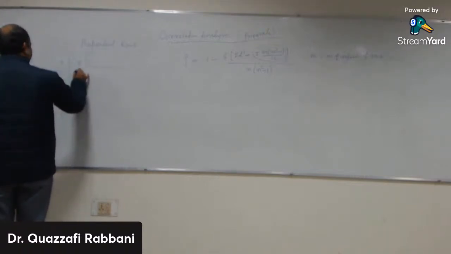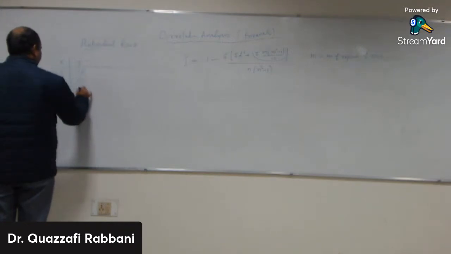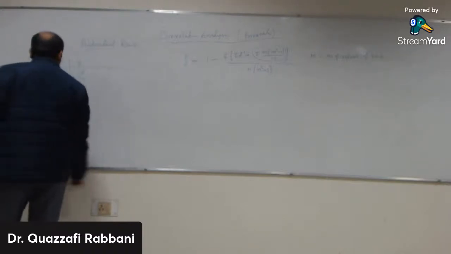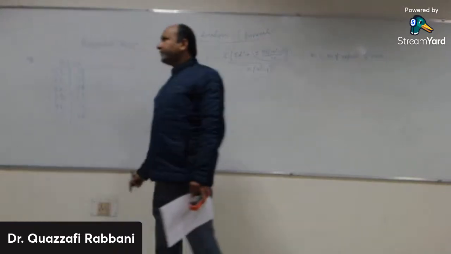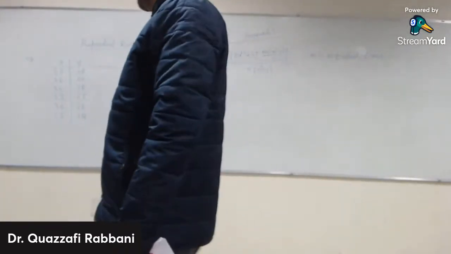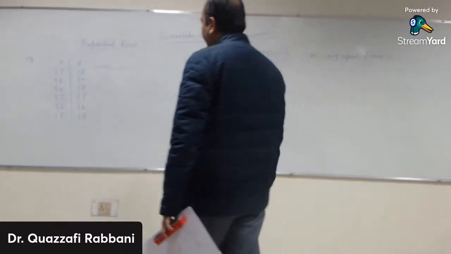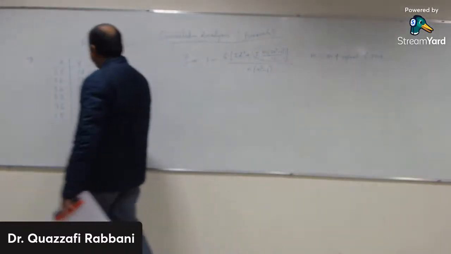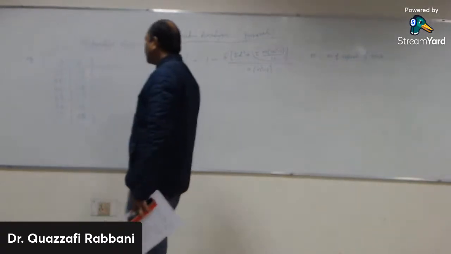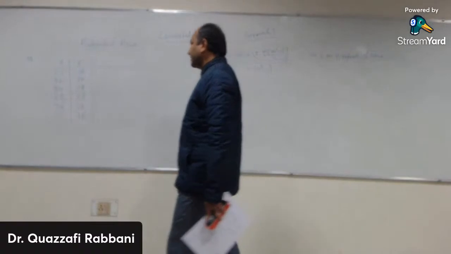And for the other: 18, 20, 18, 15, 16, 17. Suppose these are marks, height, weight, and we want to find the rank. So first we convert these values into grading or rank.